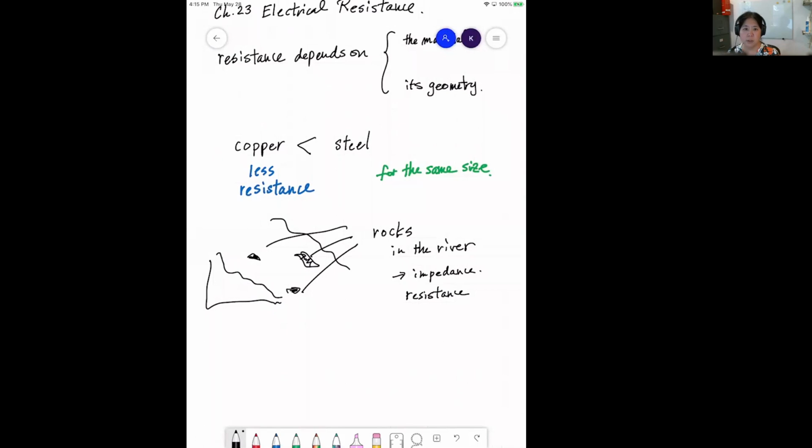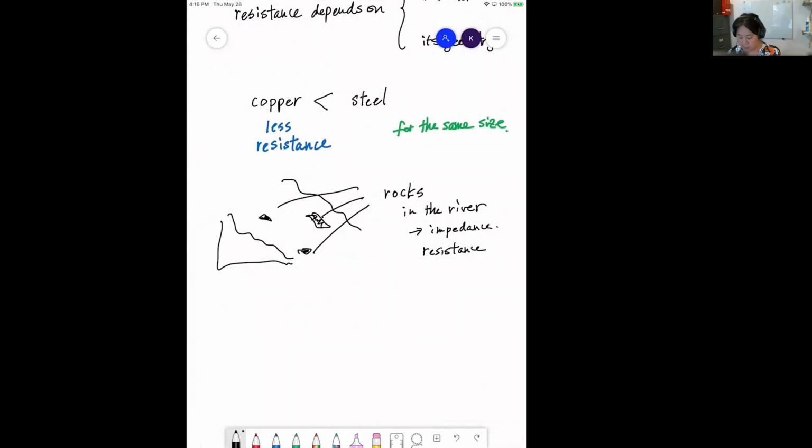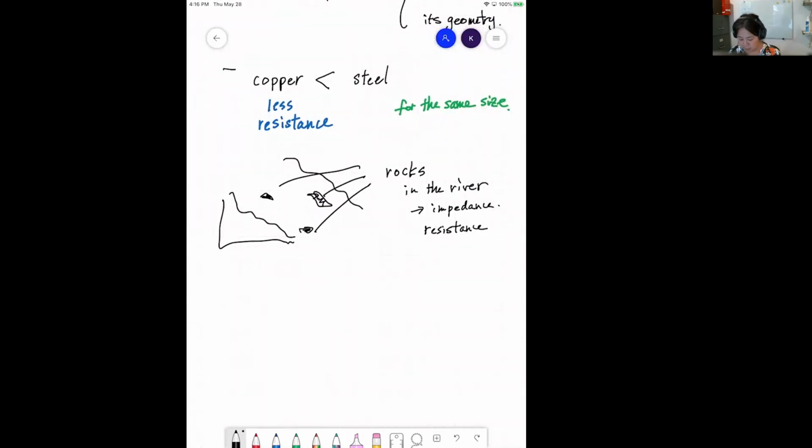Most of the wire you see is copper wire, right? One, it has less resistance, but also it's a cheaper material. You could have a very good conductor with a lot less resistance, but if it's very expensive, it's not so practical. So you see that it depends on the material. You have a different impedance, resistance.